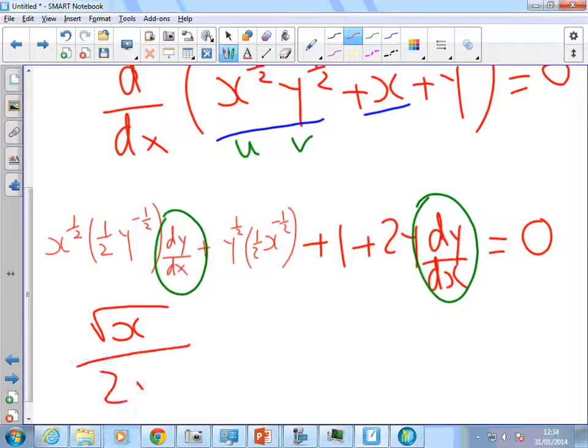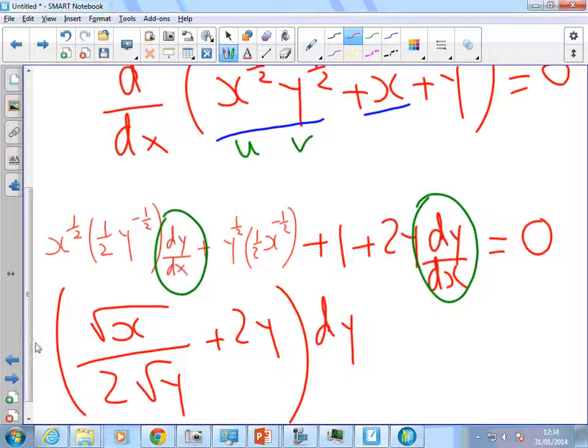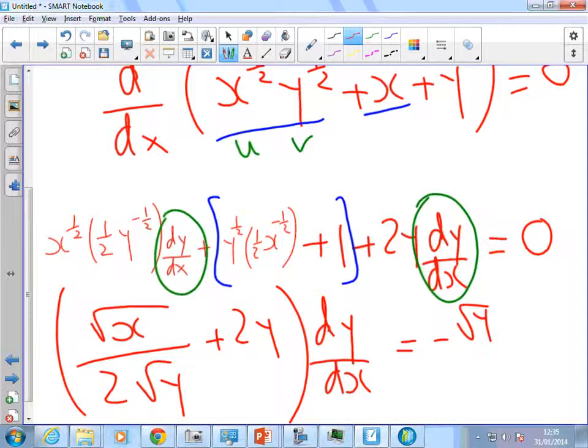So it's over 2 root y plus 2y dy dx is equal to, now if I take all the other terms to the other side of the equation, it's minus, again, if I apply my laws of indices, then y to the half is simply the square root of y, and x to the minus a half is 1 over the square root of x.